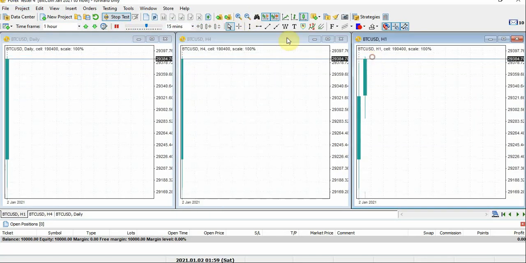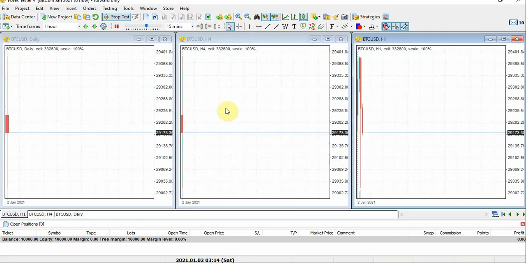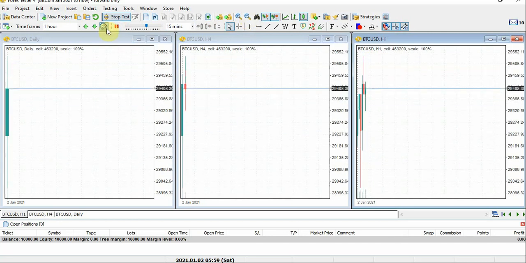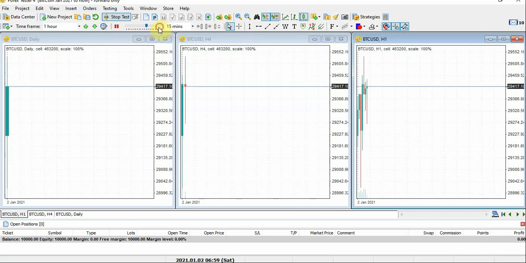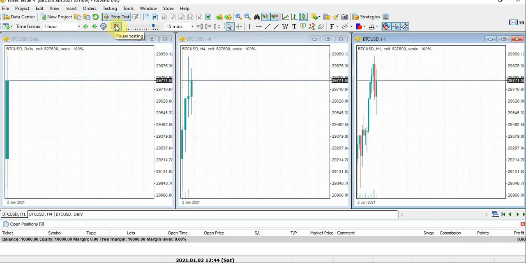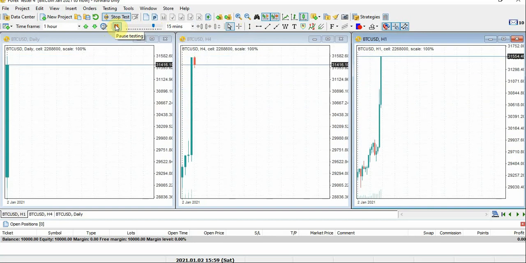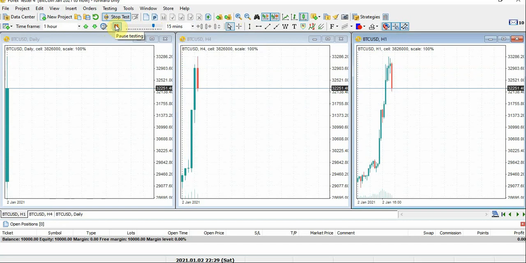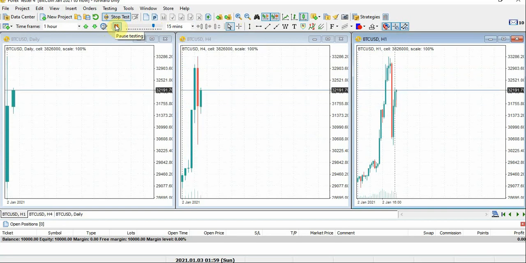Okay, resize twice. And let's wait for some information here. Let's accelerate candles. I can't do anything yet because we're waiting for information.